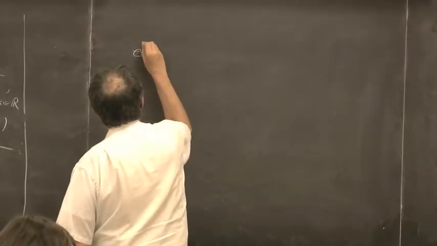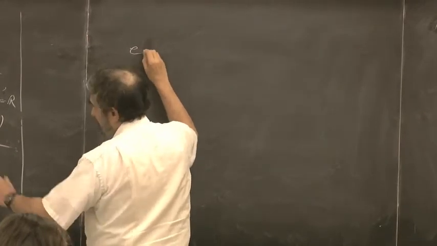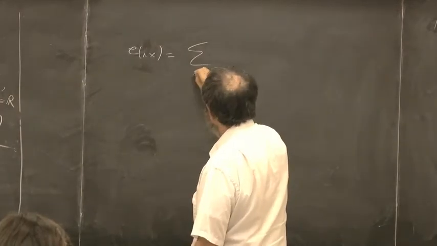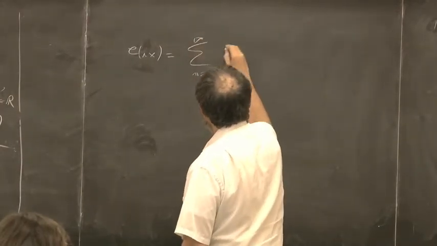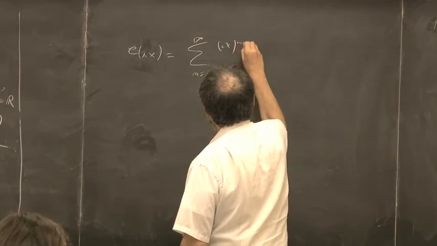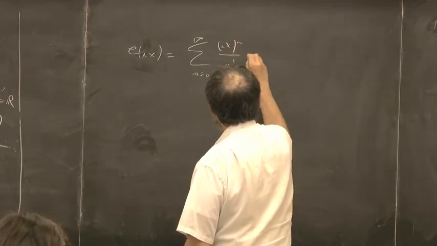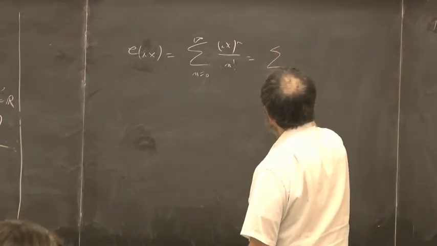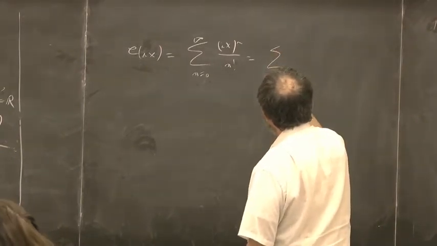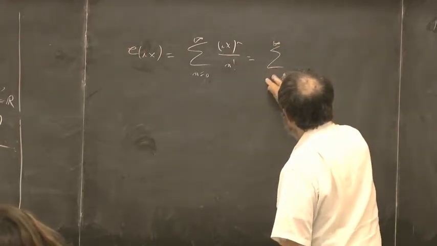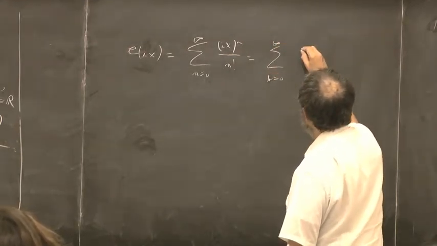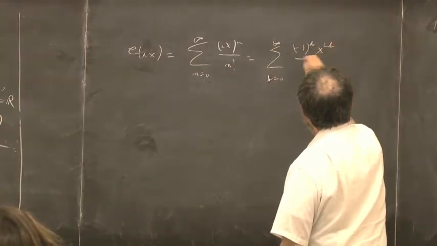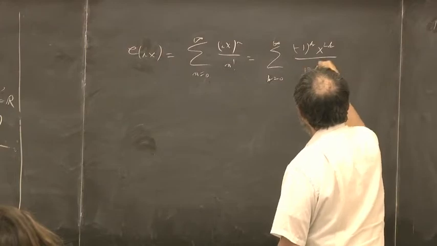Let's do the series for exp of i x. According to this definition here, it's the sum from n equals 0 to infinity of ix to the n over n factorial. Well, we can have the even terms, which will be the sum from k equals 0 to infinity of minus 1 to the k times x to the 2k over 2k factorial.